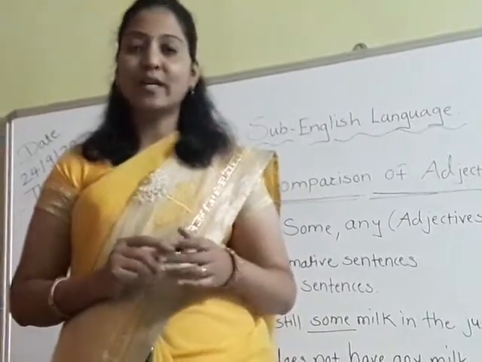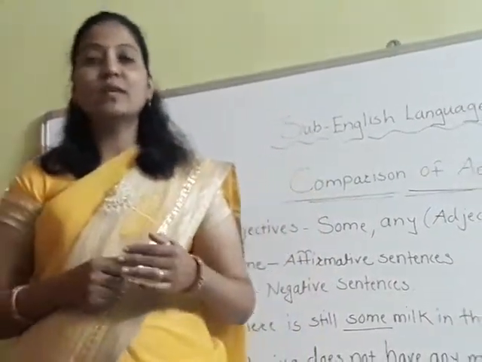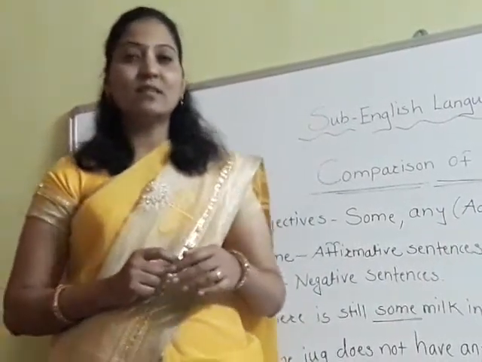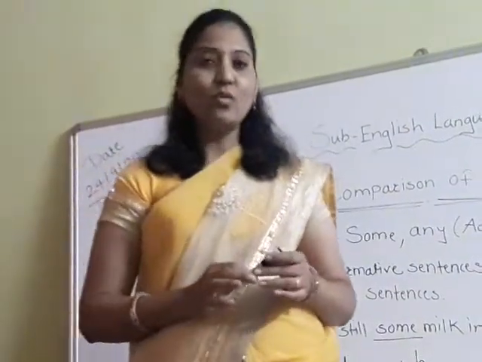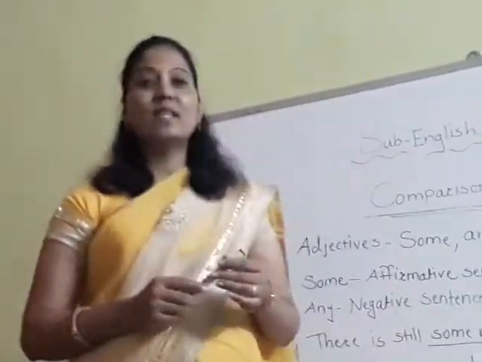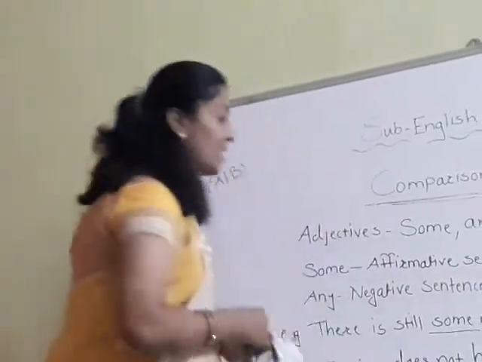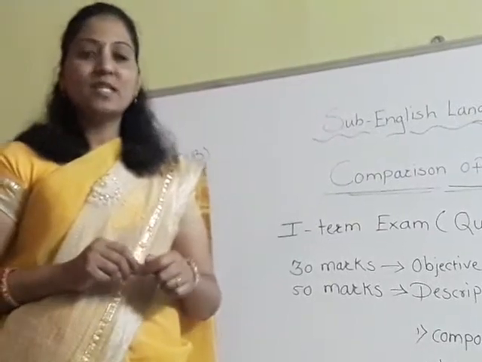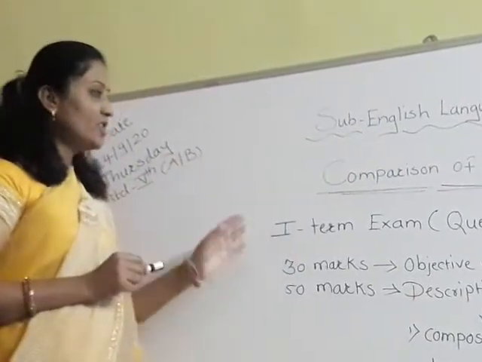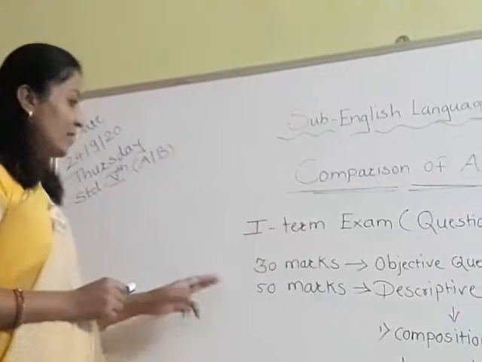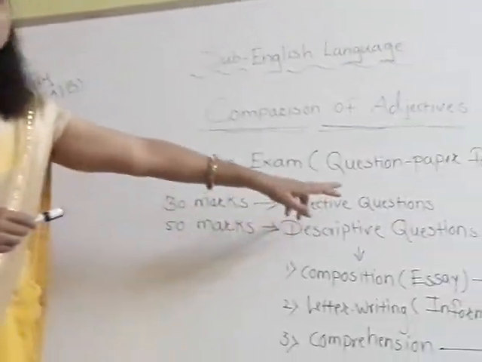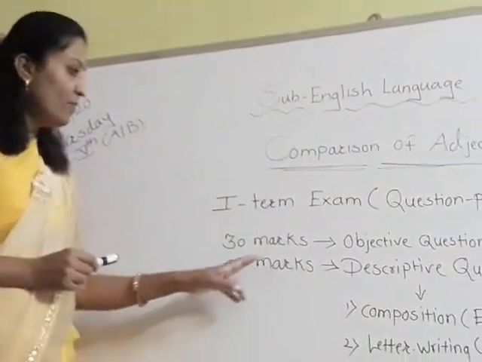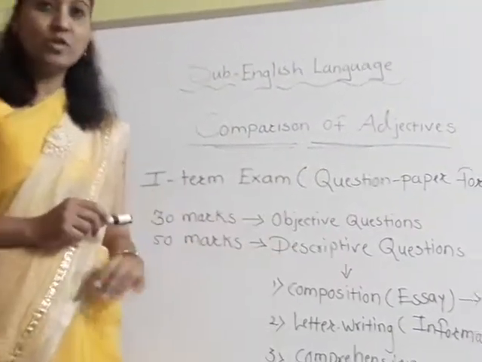So have you understood? Again I am telling you that our first term exams are coming near, and in that you will be given the syllabus that is currently taught to you. Wait a minute, I am just explaining it to you on the board. Now students, I am telling you about the first term examination. In our first term examination, the question paper format will be like this: 30 marks will come for objective questions, and 50 marks will come for descriptive questions.